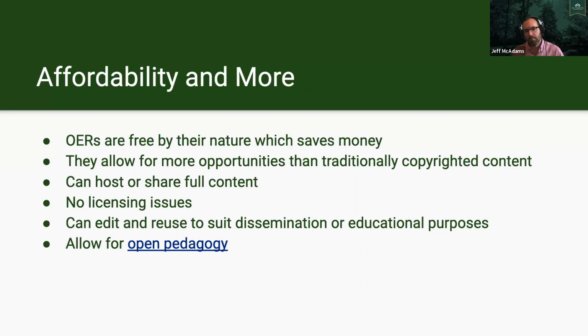One of them is that you can host and share the full content of the media. So let's say it's a video, or a book chapter, or a poster, or an image, or anything like that, they give you permission to not only share a link to it, but you can also share the full thing.